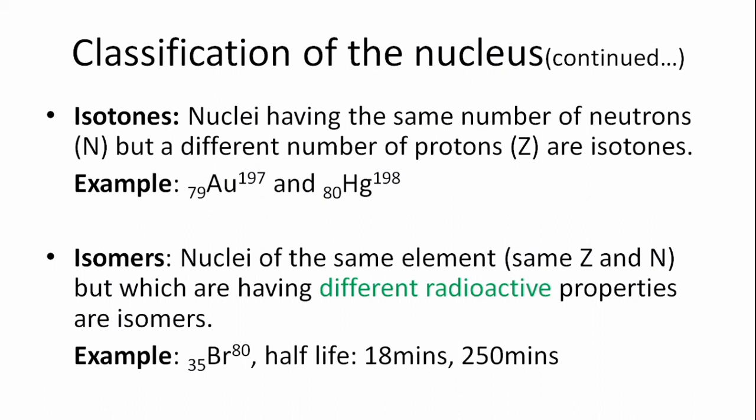So the neutron number is 197 minus 79, that is 118. Another nucleus is mercury, which has Z equal to 80 and A equal to 198. A minus Z gives the neutron number. Here also the neutron number is 118. So the neutron numbers of gold and mercury are the same.